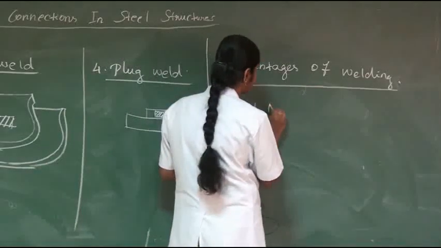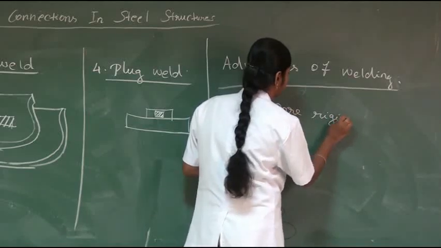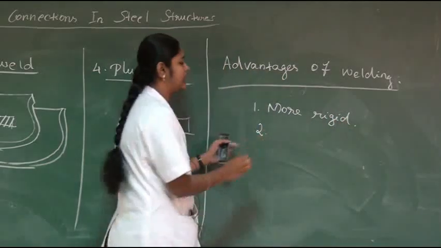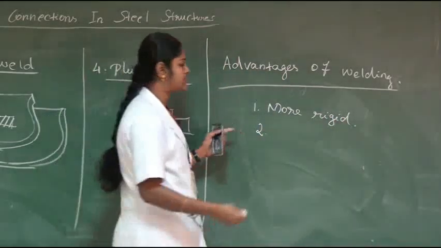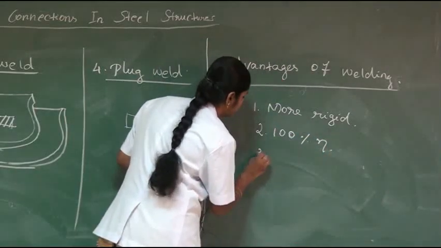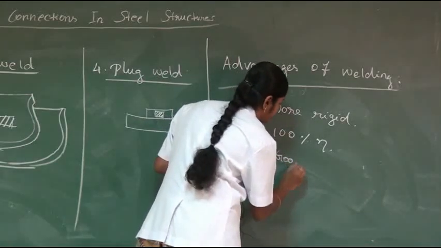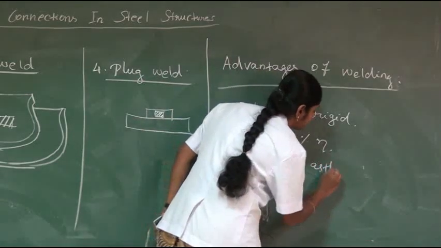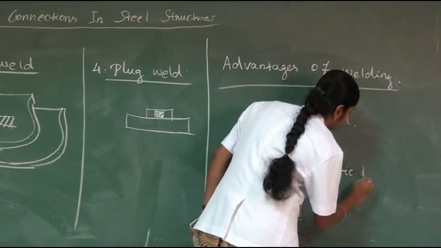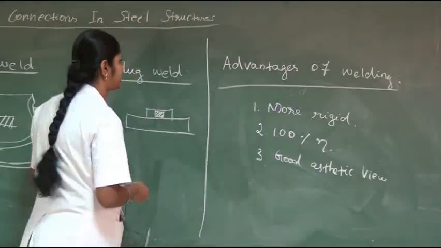First advantage, it is more rigid. Then second advantage of welding is it gives more efficiency, that is 100% efficiency. And third one is it will give good appearance, good aesthetic view when compared to the bolted and the riveted connections.